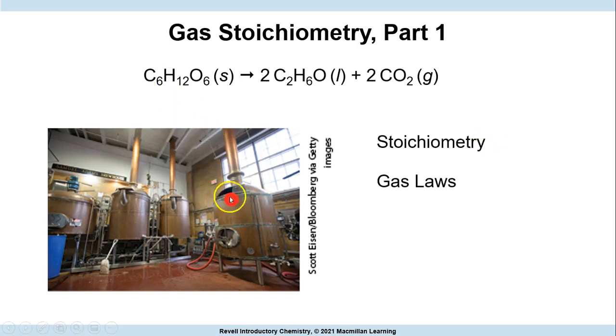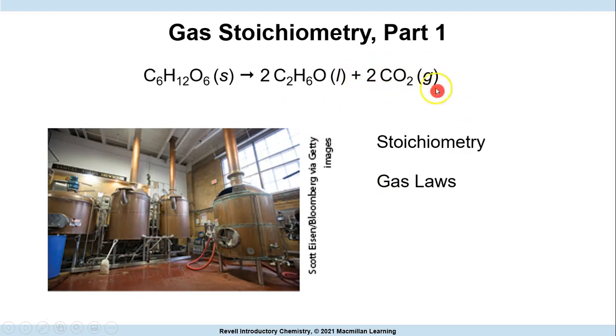For example, in the process of fermentation, we are going to see how many grams of glucose can be used. If we use a particular amount of glucose, it's going to produce a particular amount of ethanol and carbon dioxide.